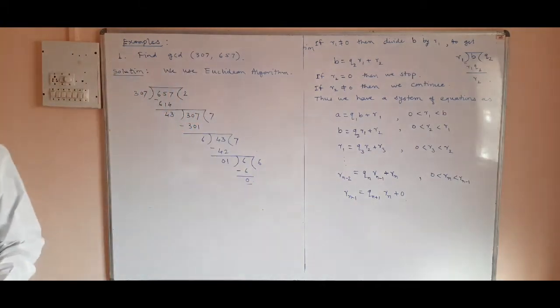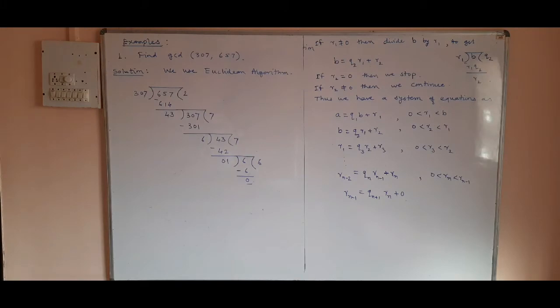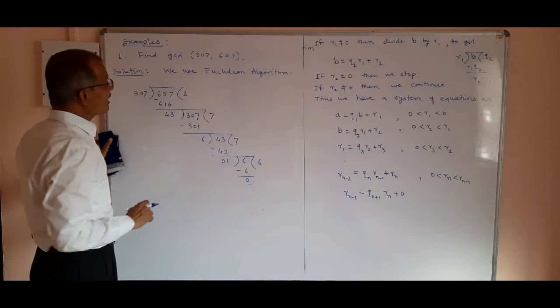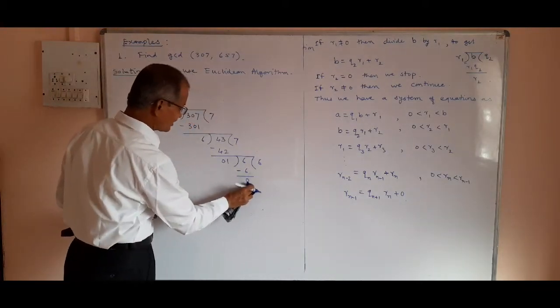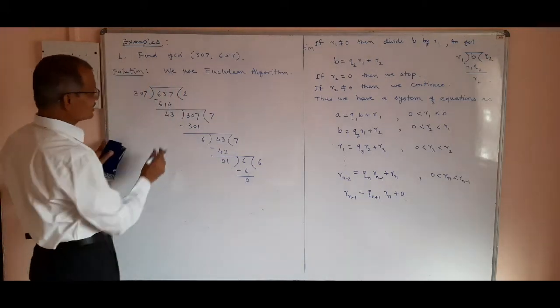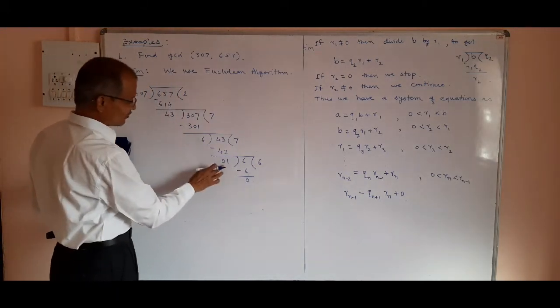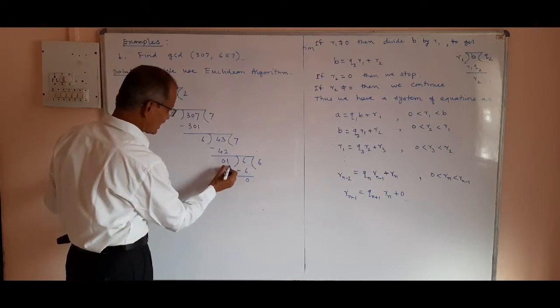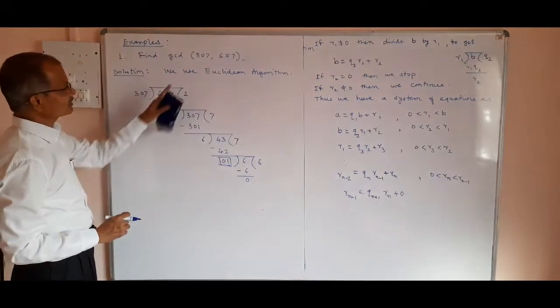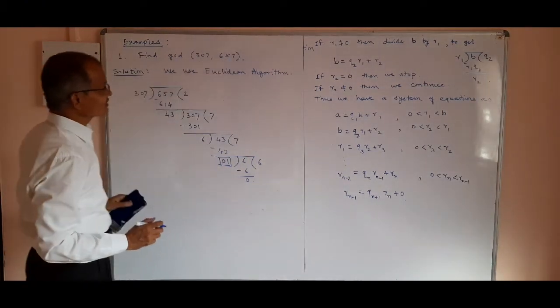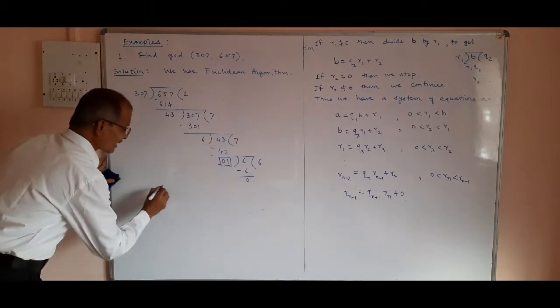Now so what we shall get is, now we see 306, it should be 306, not 307, but let it be. So this is one example we have considered, and the last non-zero remainder is 1. So therefore these are the remainders, 43, 6, 1 and 0, and the last non-zero remainder is this one. So 1 is the greatest common divisor of 307 and 657.